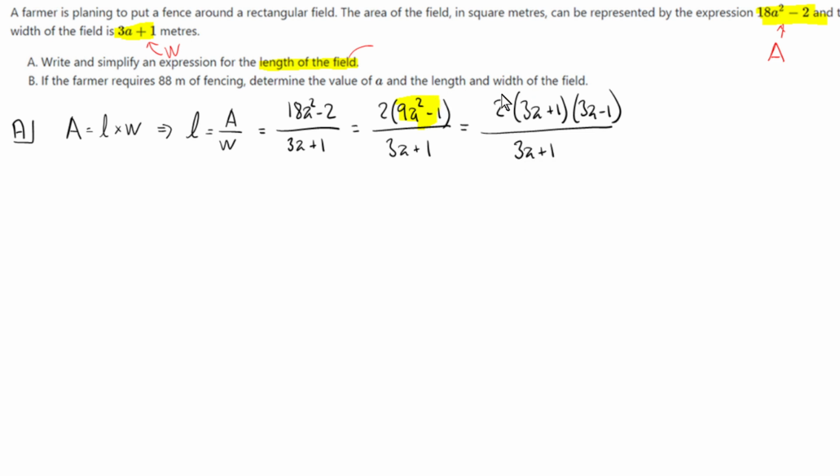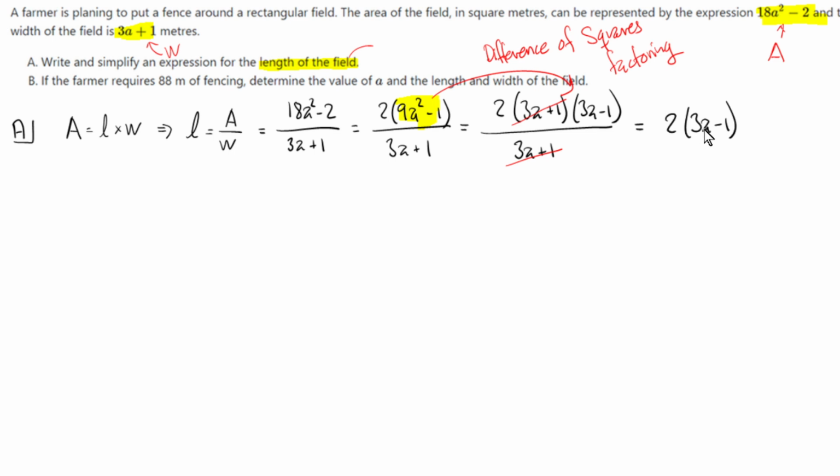So this step from here to here is a difference of squares factoring. And now we can see that one of the binomials, 3a plus 1, in the numerator cancels against the 3a plus 1 in the denominator. So this will leave us with 2 times 3a minus 1.